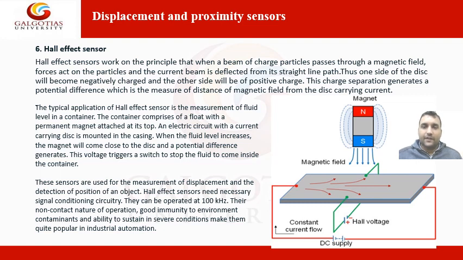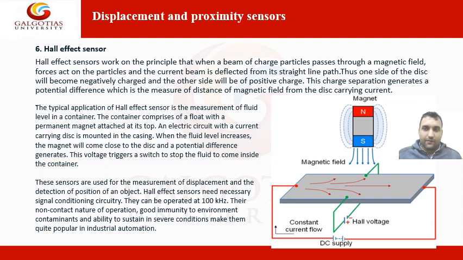Thus, one side of the disk will become negatively charged and the other side positively charged. This is the magnetic field. The straight line path is here.